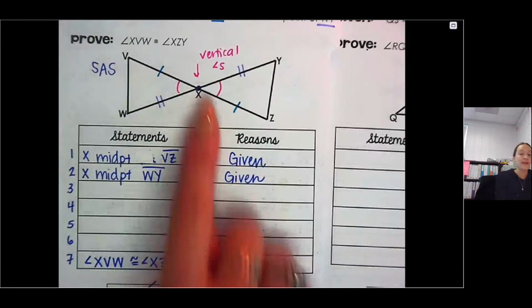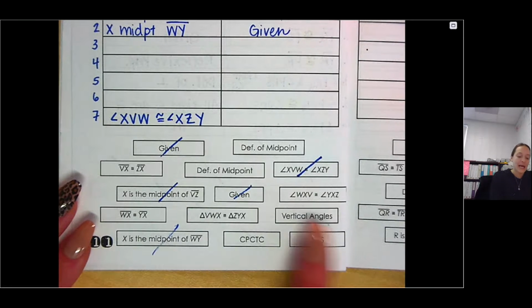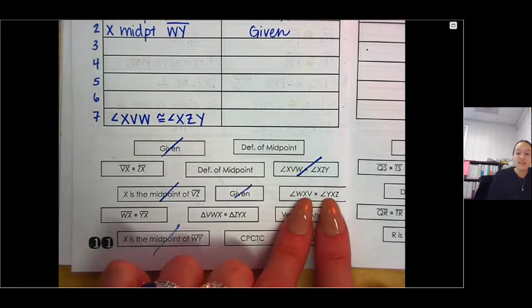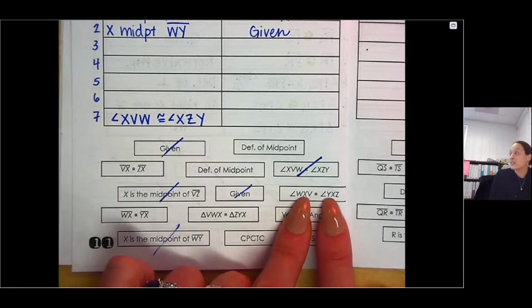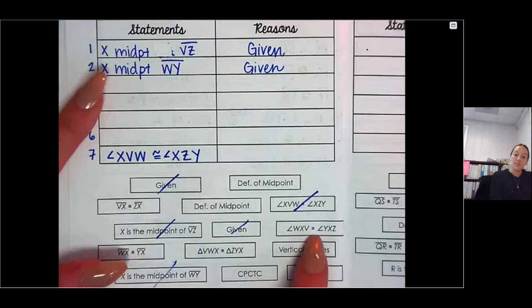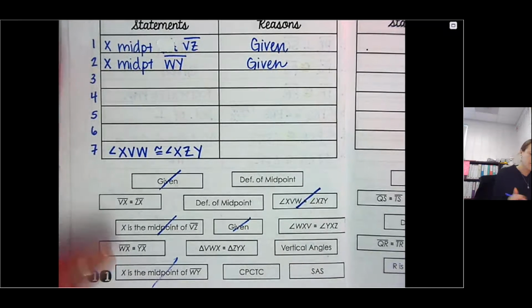If I'm going to talk about angles, then I have to have something with an angle marking with it. Yeah, so look at the second letter. The second letter there is the X's. That means the X's are congruent. So if you look at my picture, that's what I'm trying to prove. So this statement goes with vertical angles.